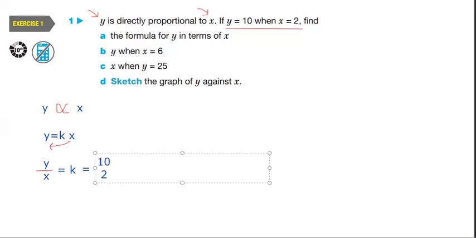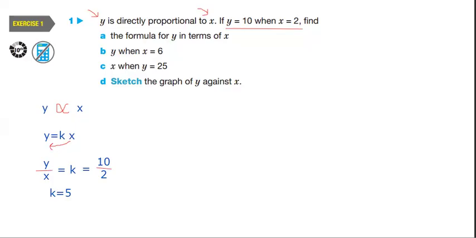When I divide these by each other, I will find the constant of proportionality, which is K. So this means K will equal what? K will equal 5. And this 5, we found it by dividing 10 by 2.